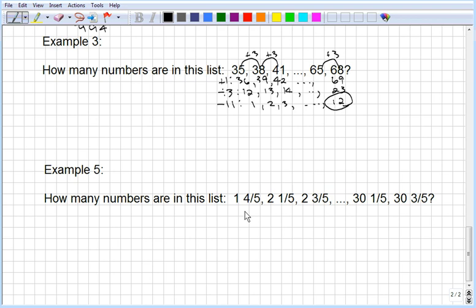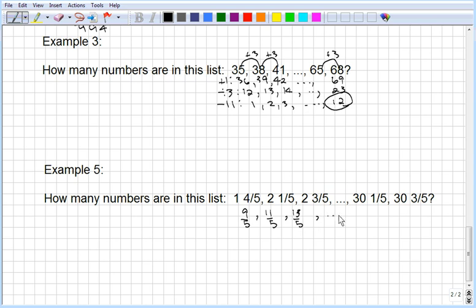And so this would be 9 fifths, right? You just take 5 times 1, and then add 4 to it, so that's 9 fifths. And then we'd have 11 fifths. And here we would have 13 fifths. Oops, 13 fifths.